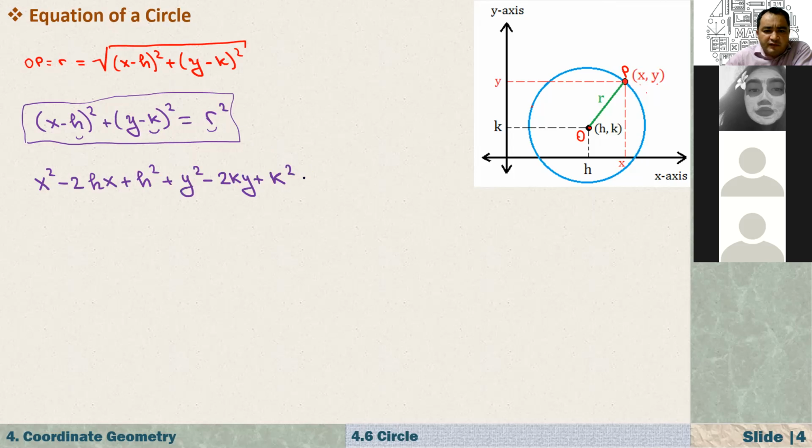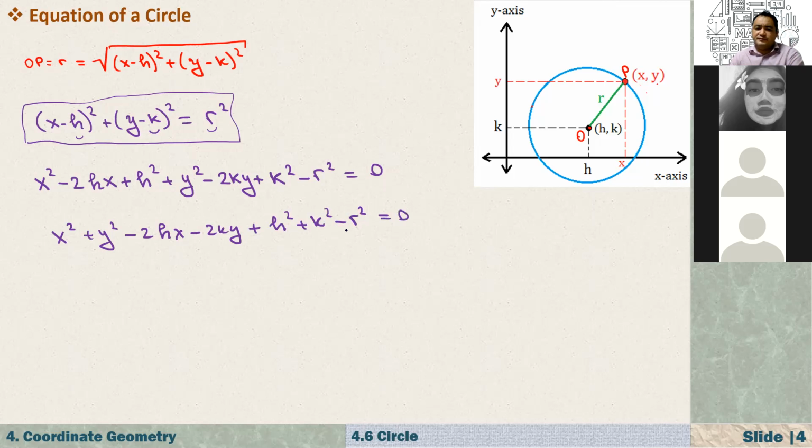Take r squared to the left-hand side, so we have minus r squared equal to 0. Let me reorganize this and write it in this form: x squared plus y squared minus 2hx minus 2ky plus h squared plus k squared minus r squared is equal to 0.